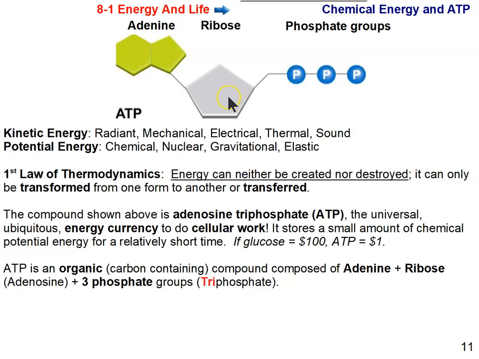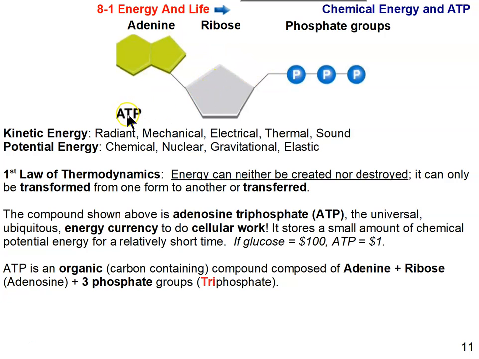Ribose is the 5-carbon sugar that we find in RNA, right? That's the R in RNA, ribonucleic acid. And then 3 phosphate groups. And that's the triphosphate. So adenine and ribose together are known as adenosine. And then there are 3 phosphates on adenosine.